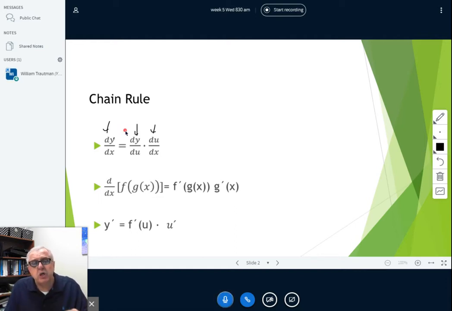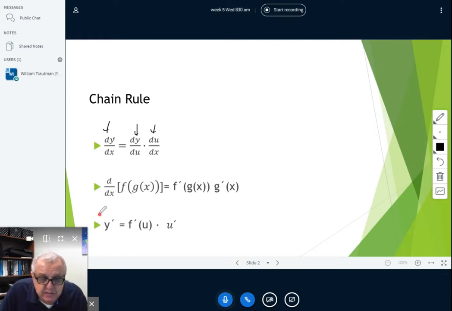So if there's a way to make the function easier, we do that. We substitute a value, we're going to call it u, into the function, and then take the derivative of that function afterwards.